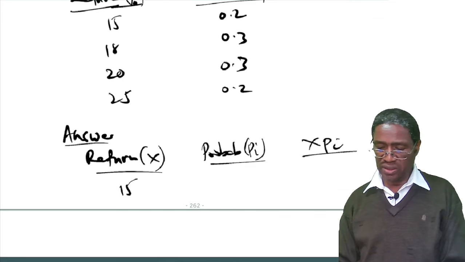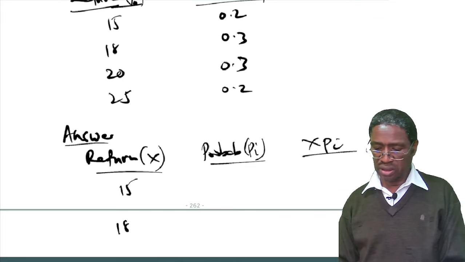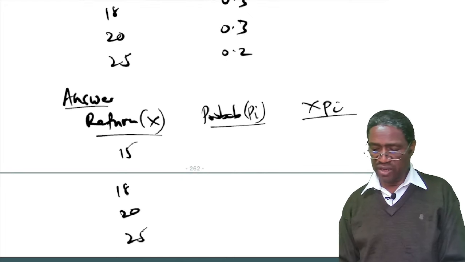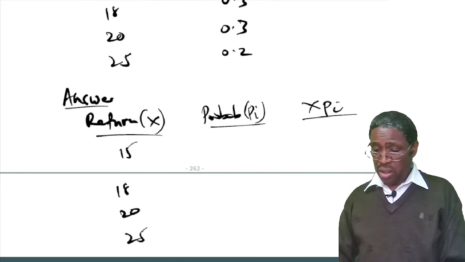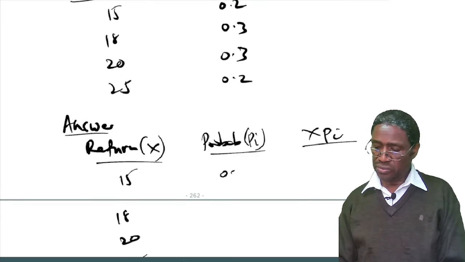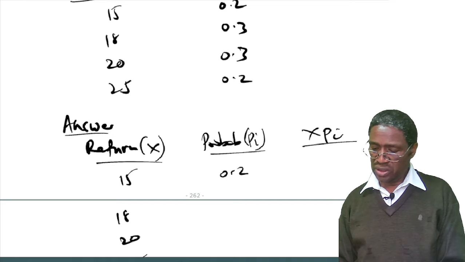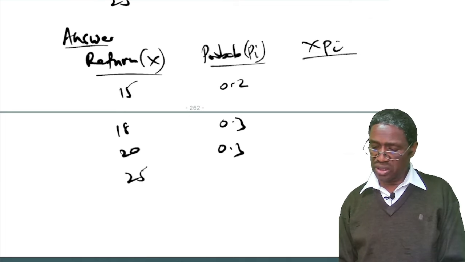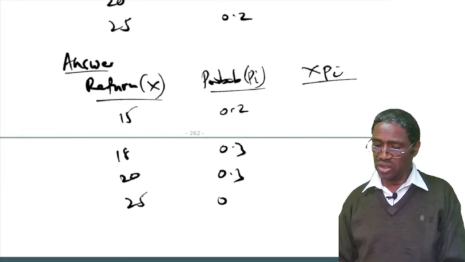This is 15, 18, 20, and 25. Our probabilities were 0.2, 0.3, 0.3, and 0.2.